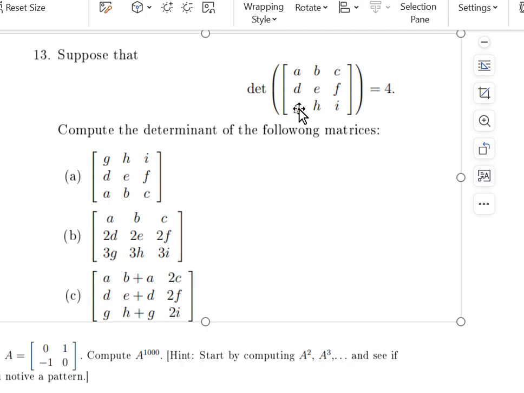I think we have one example that actually uses the row, so we'll be coming to that one. Now, back to question B. The second row was multiplied by 2, the third row was multiplied by 3. So to get the determinant of B, we multiply the determinant of our original matrix by 2 and also by 3.